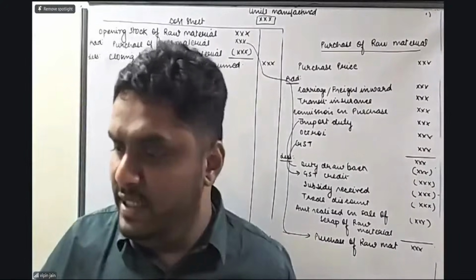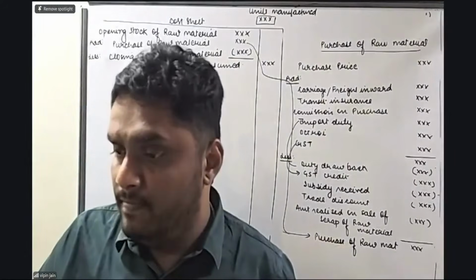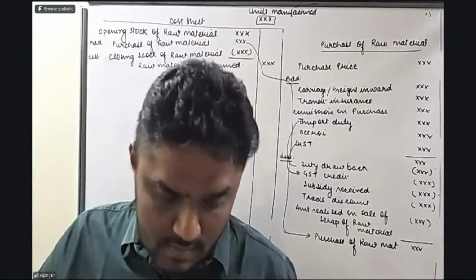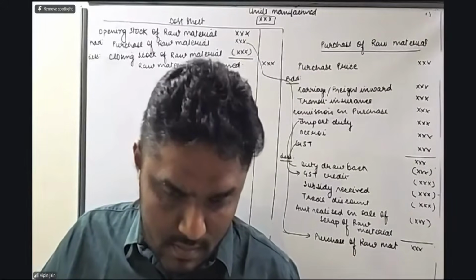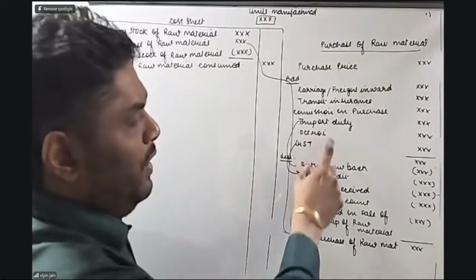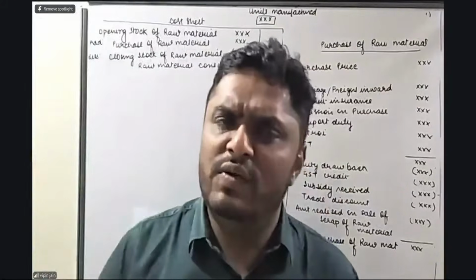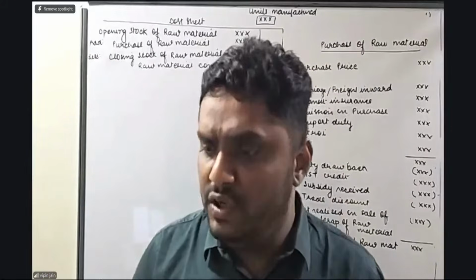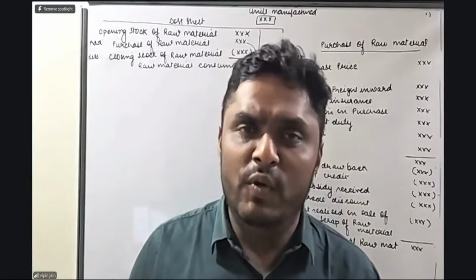Yes, Mr. Egan, tell me. Sir, under input duty, what is being written? Octroi. This was an old tax that was levied, but after the introduction of GST, it has been removed.